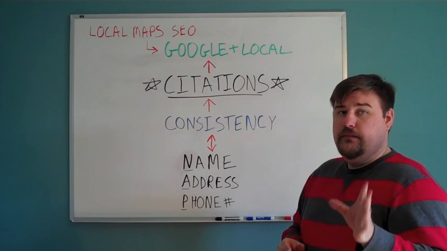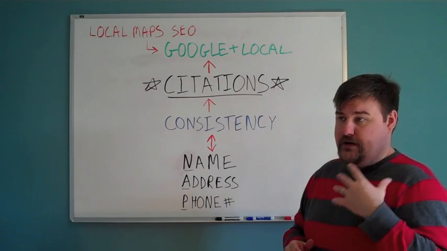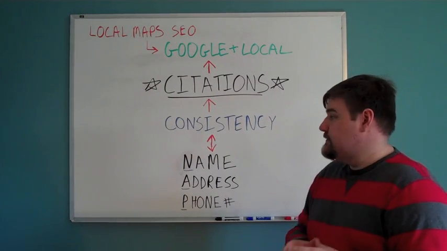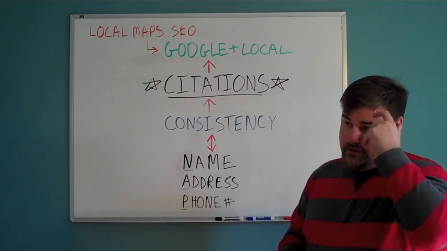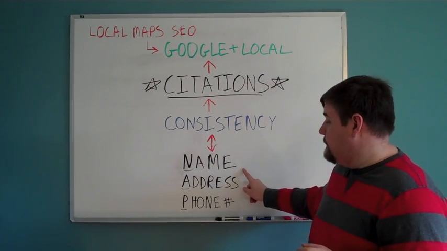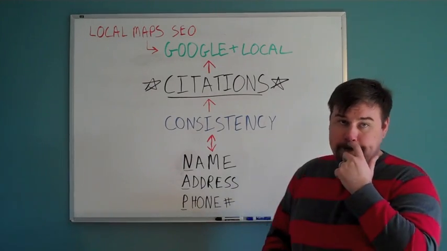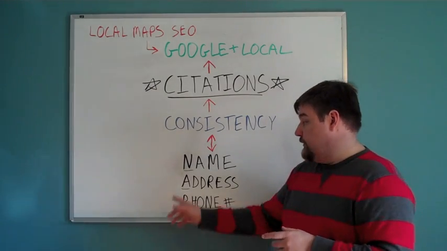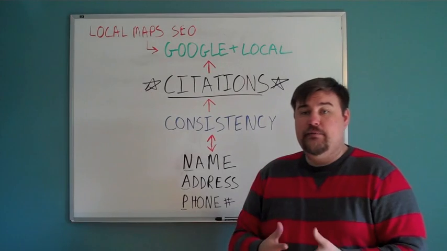The real important thing for you as you're building out your citations is consistency. And consistency comes from the listing of your name, your address, your phone number, or a short NAP. Name of your business.